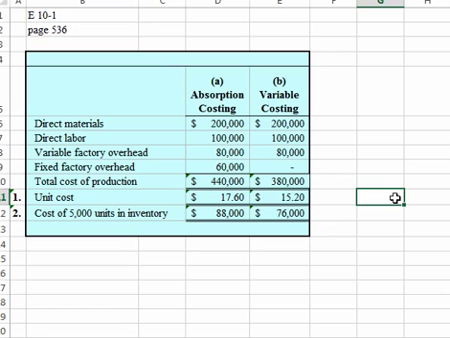Okay. And we'll move on. In exercise 10.2, we're going to prepare comparative income statements for March using the same information under absorption costing and variable costing.